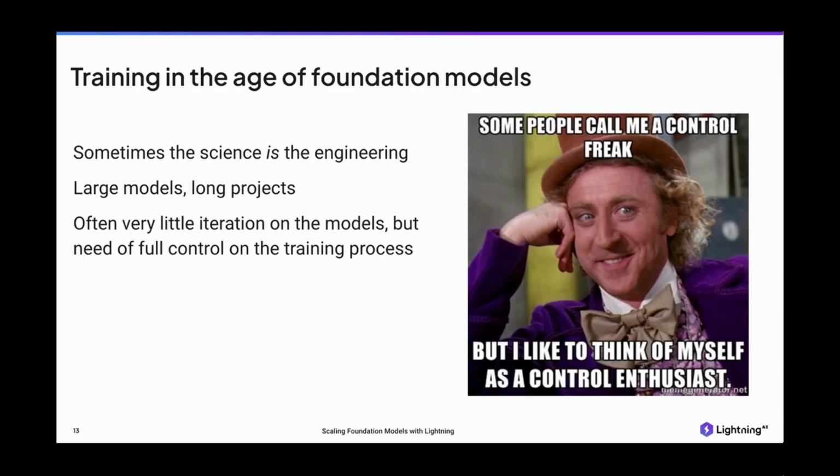However, in the age of foundation models, sometimes the science is the engineering, in the sense that when you have a very long project and very large models, every little change on the way you train impacts your efficiency during training. And so sometimes you want full control of the training process, and you don't iterate on the model that much. PyTorch Lightning is ideal especially when your main focus of iteration is the model, the training step, the optimizer, and so on, so more the science part of it.